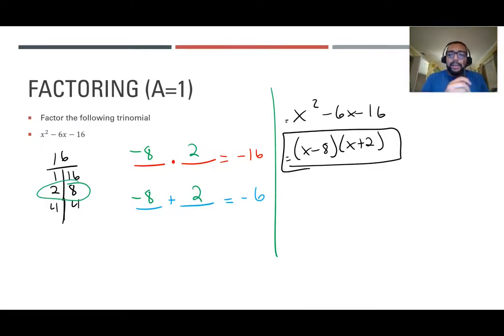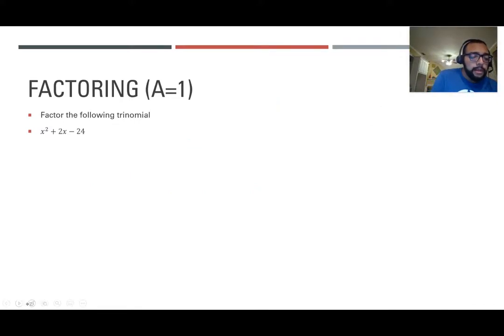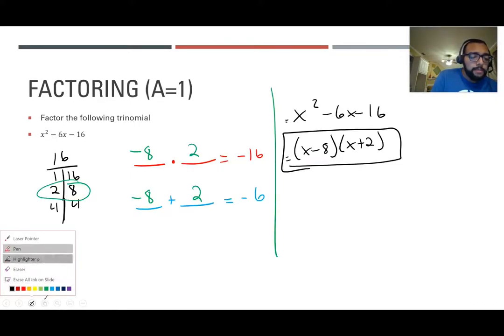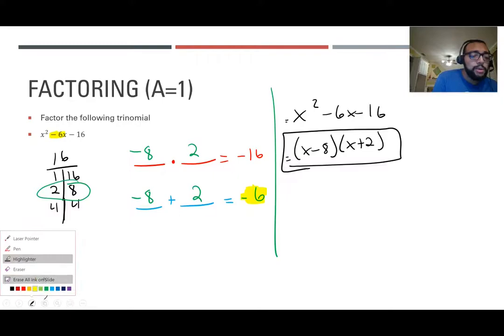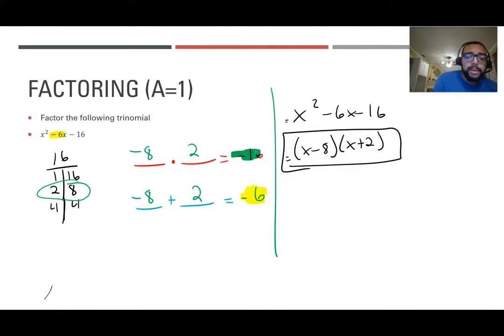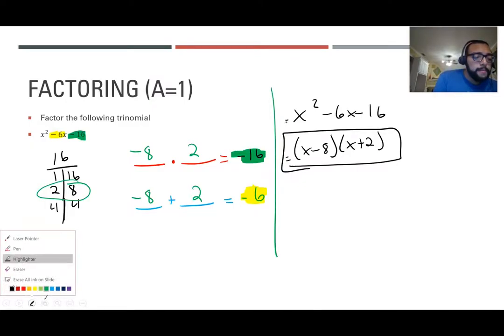Again, negative 8 times a positive 2 was negative 16, and negative 8 plus a positive 2 was a negative 6. Let me highlight it here. This negative 6, we found it from saying that's our b value, which is why it's so important we need to be in standard form. And that negative 16 was found there.